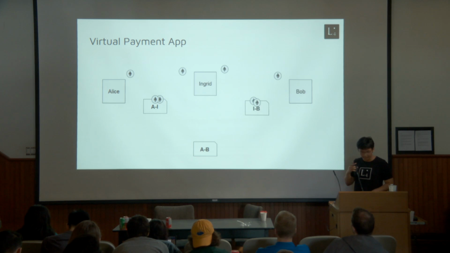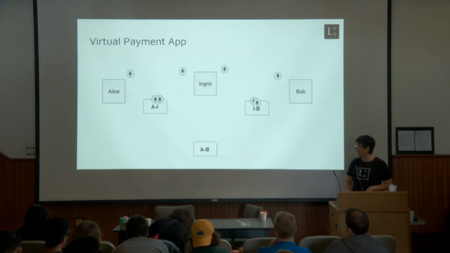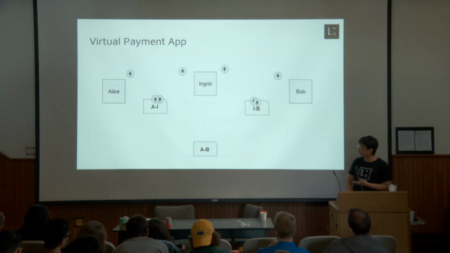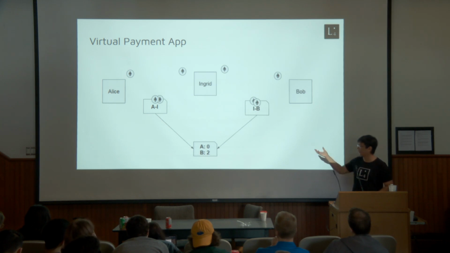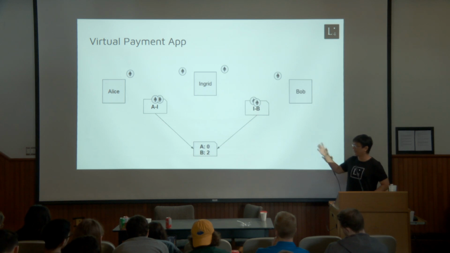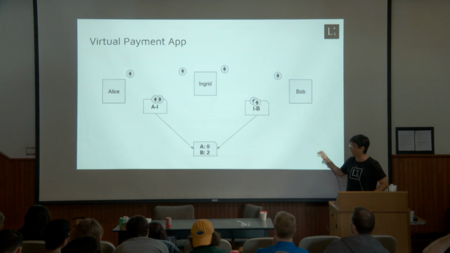What the virtual payment app design does is say that at some point, in a dispute, the thing they reference should resolve to the outcome that we want to achieve. In this case, Alice's balance is 0 and Bob's balance is 2.